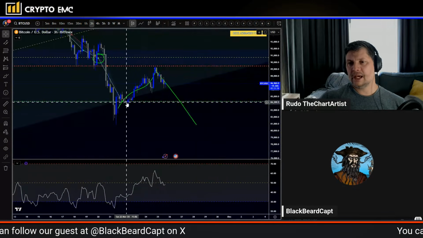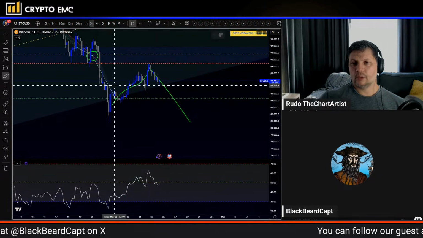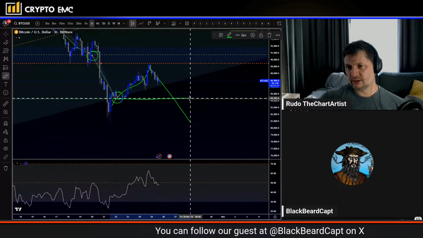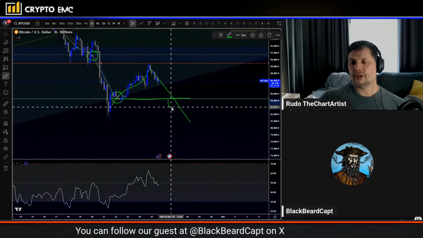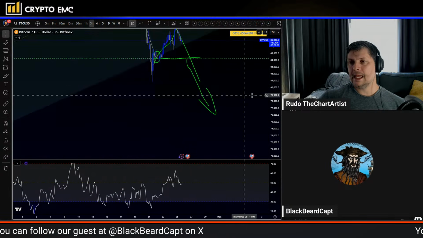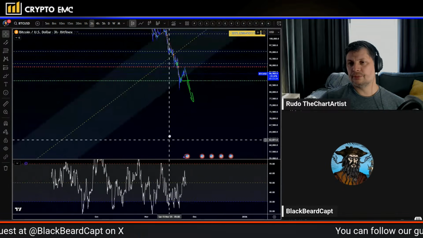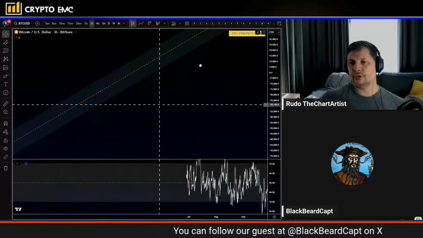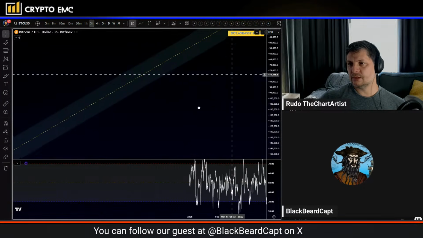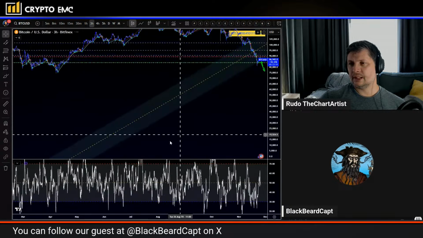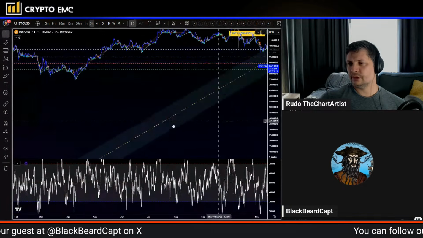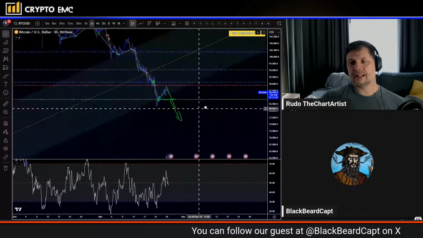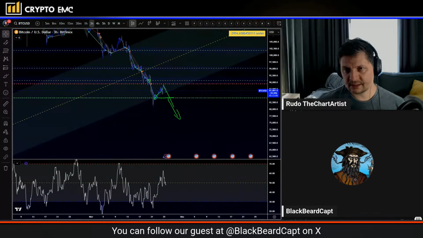Because we only have one node at the bottom, I would read this and say, well, that is a significant support level. And if we fall below that level, it opens the door for more. If we zoom out into the past, we will probably at some stage find confluence around this level. We don't have that here, the angle is too steep, but we'll probably find confluence around that level with the previous analysis and this analysis.